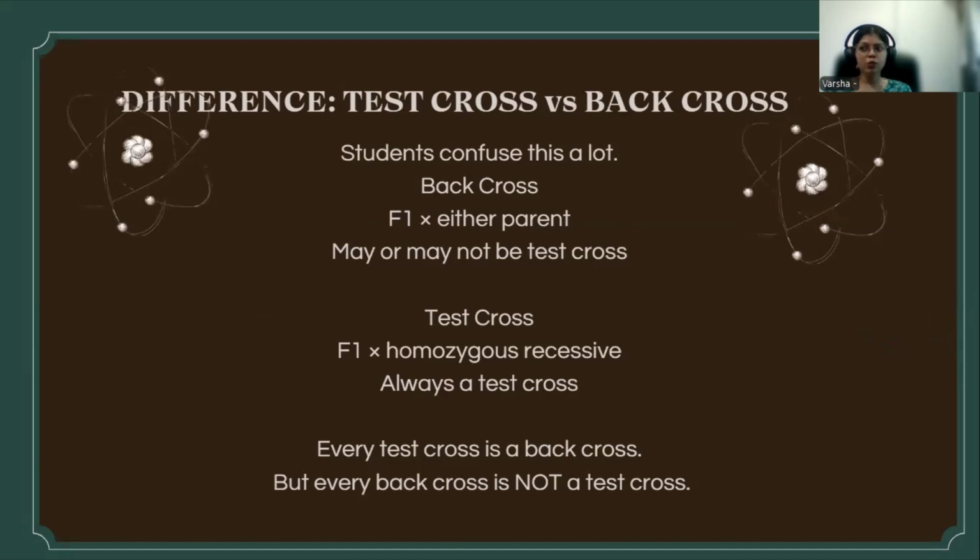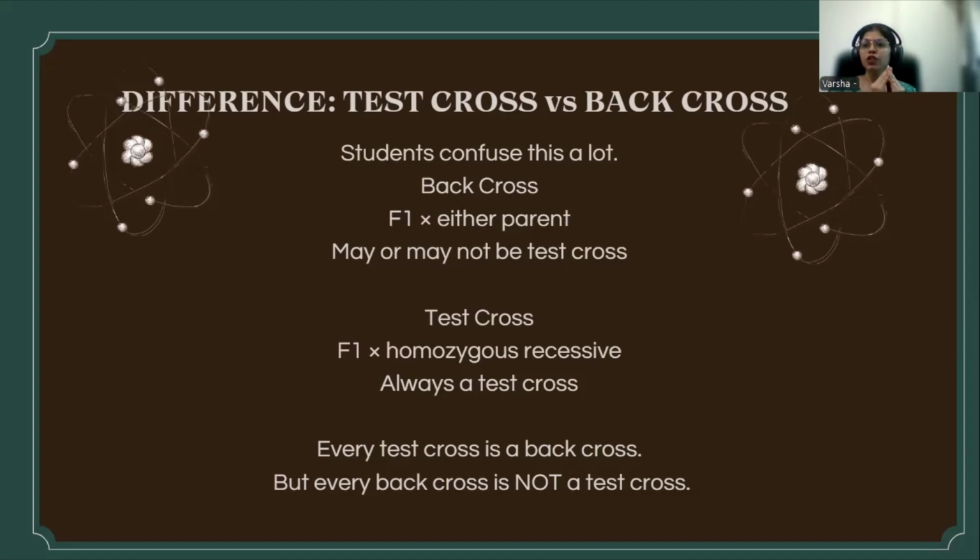Now, many students do not understand what is test cross and what is back cross. So back cross is the F1 generation crossed with either parent. The parent could be either homozygous dominant or homozygous recessive. It doesn't matter.